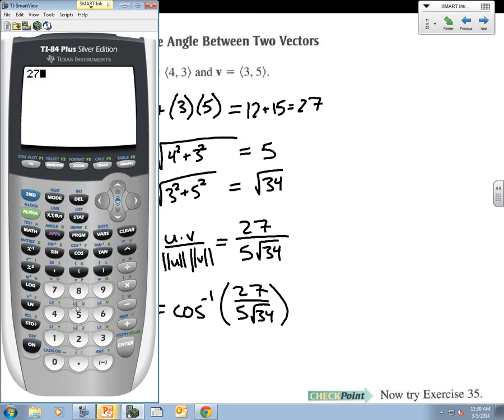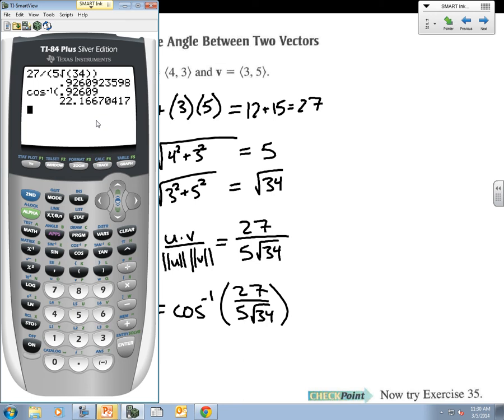Oh, my parentheses. 27 divided by 5 root 34. There's my problem. There we go. And let's do the cosine of that. 92609. And 22 degrees is going to be the angle in between those two vectors.